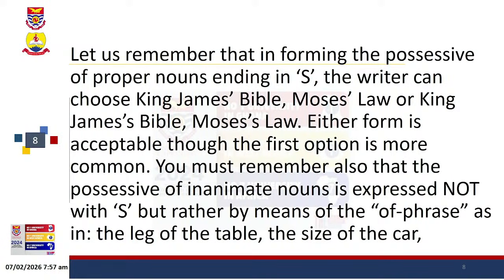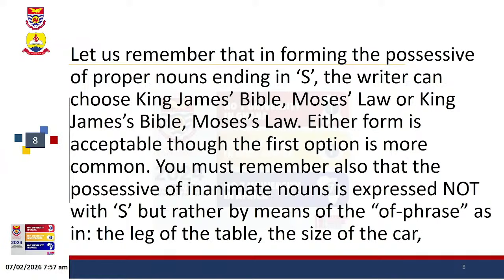So instead of saying the table's leg, we say the leg of the table, the size of the car. Why are we using of constructions instead of the apostrophe marker? The reason is that these nouns are inanimate. They are not living things, okay?